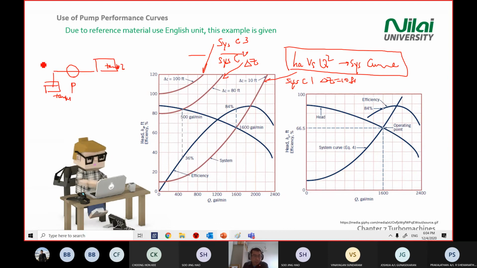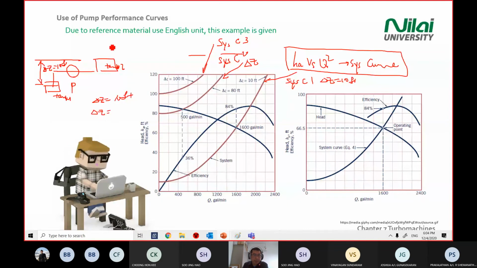So the difference of your Z is here. Delta Z is here, 10 feet. So what happens if you increase the difference between the two tanks, meaning you increase the delta Z? Originally this line is 10 feet. What happens if you increase it?